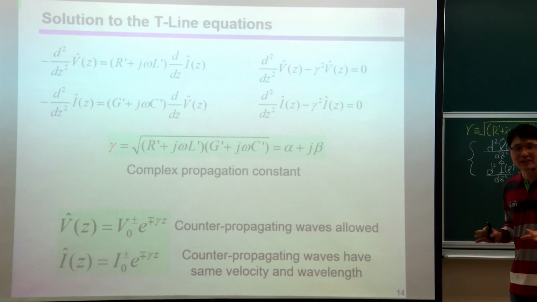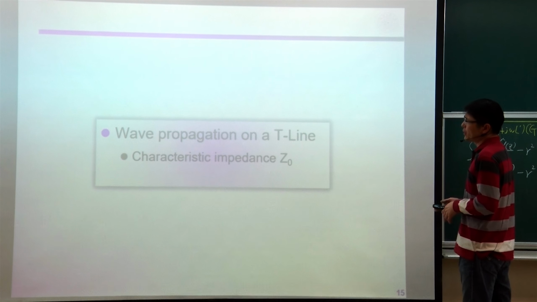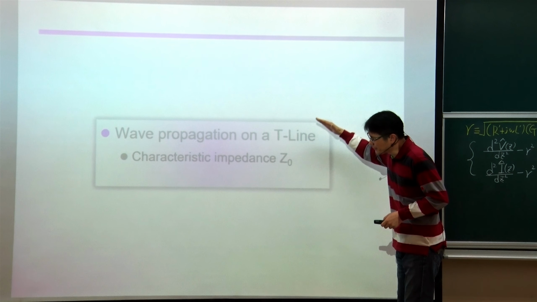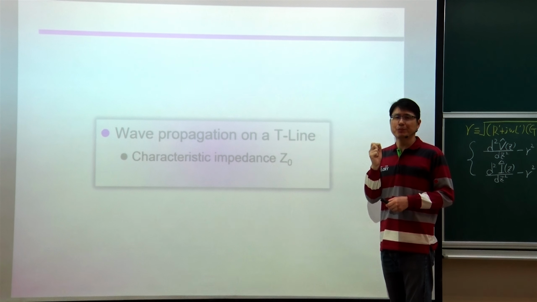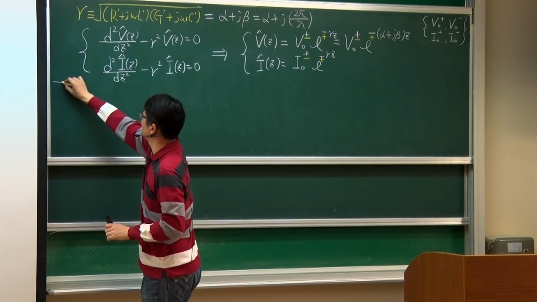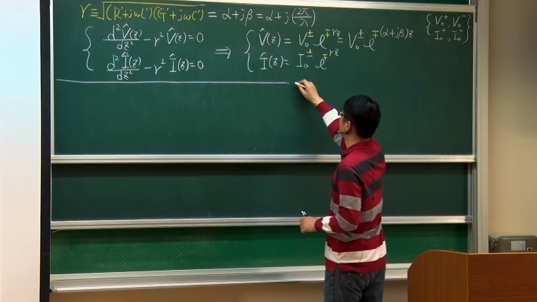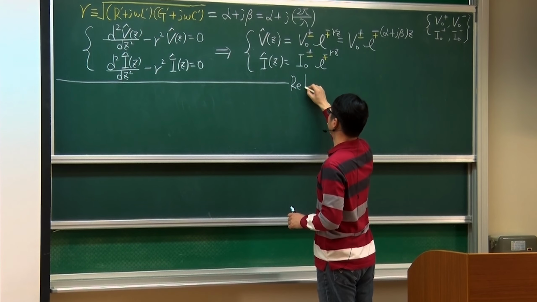And it's impractical, unphysical, right? So now we are in the process of simplification and reducing the number of unknowns. So let me plot a line. So reducing the number of unknowns.